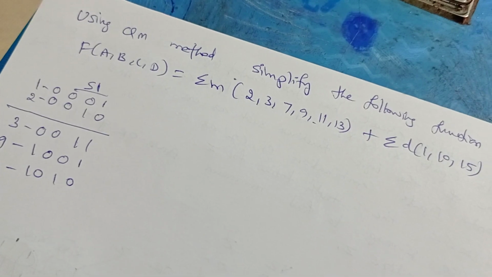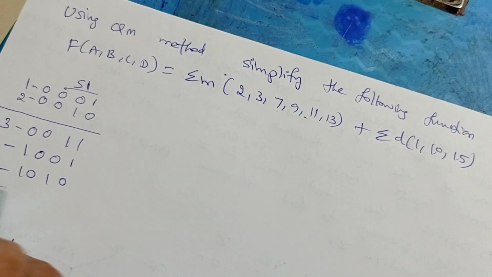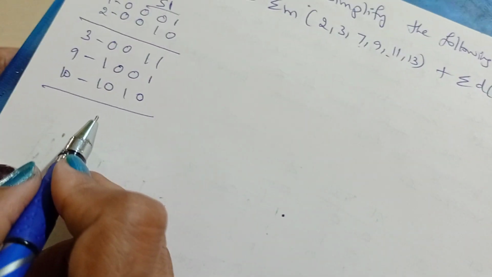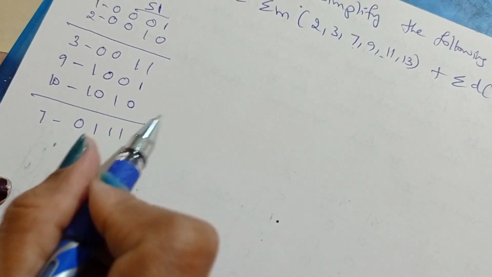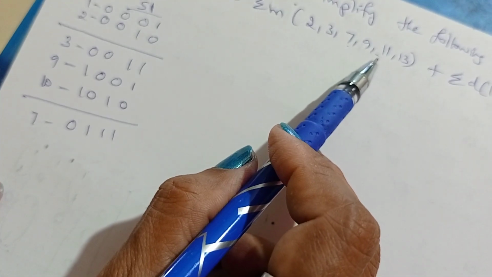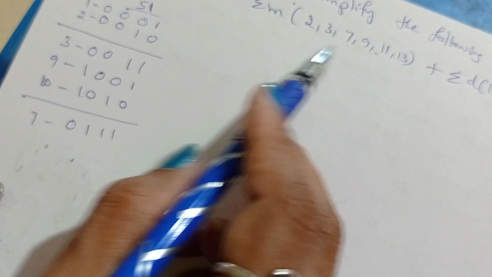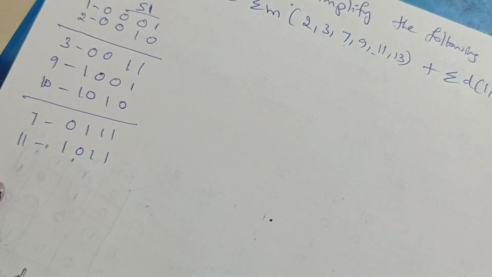Next we'll see the remaining values, that is 7 is left. 7 means 3 ones, 0, 1, 1, 1. So the next group 7, 0, 1, 1, 1. Next 11. 11 means 1, 0, 1, 1. So 3 ones.